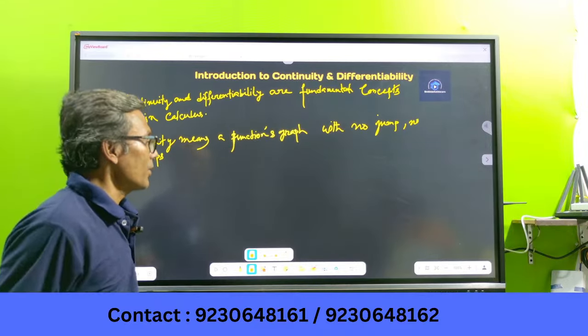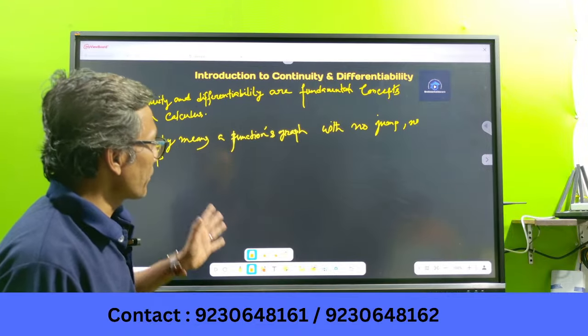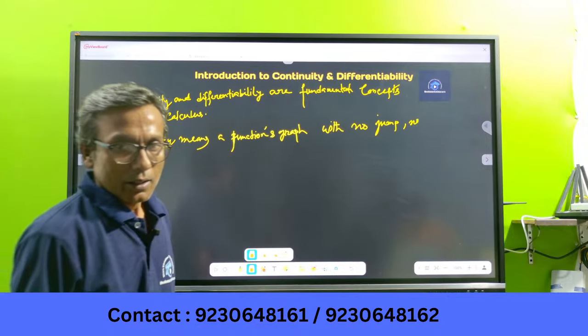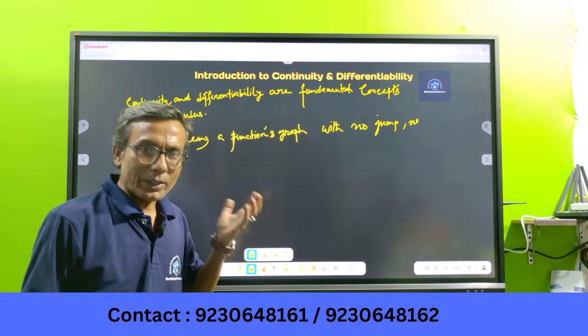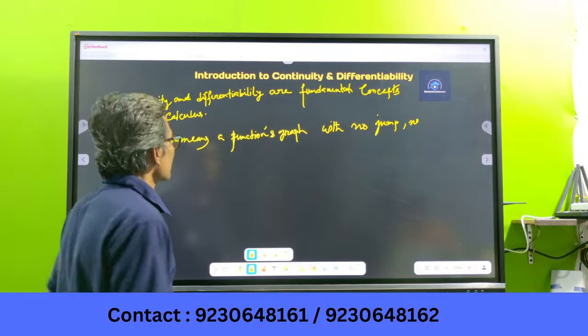So if you draw a graph without lifting the pen from the paper, that particular graph is said to be continuous.